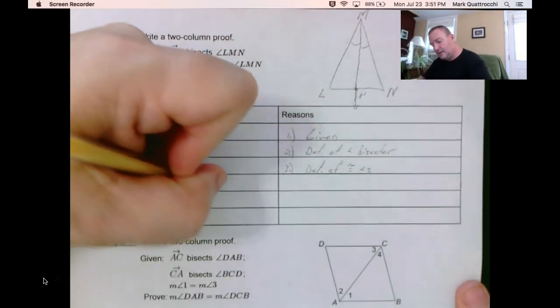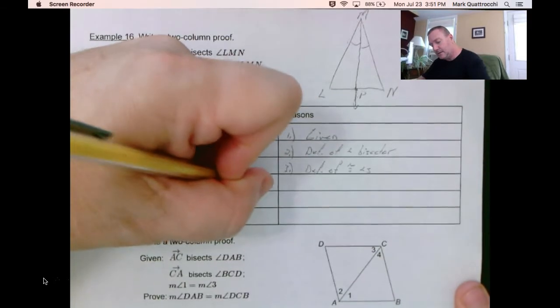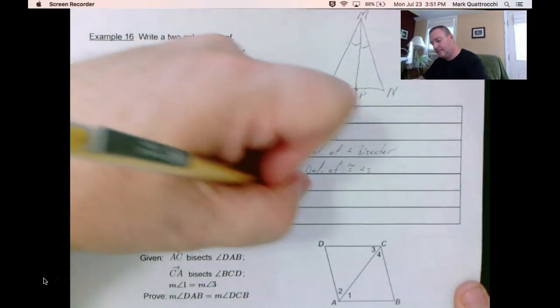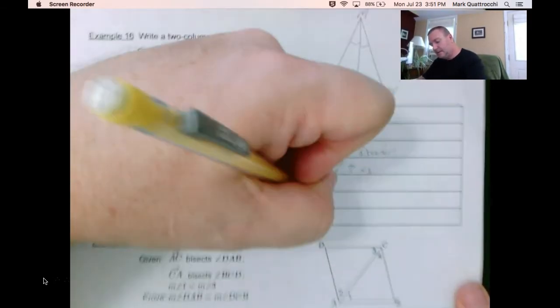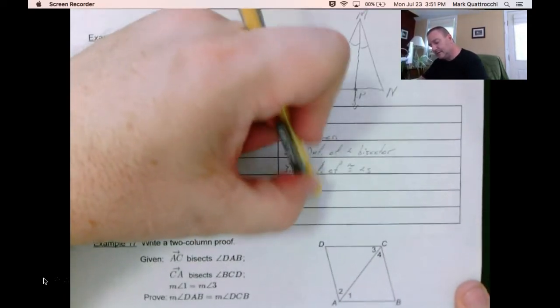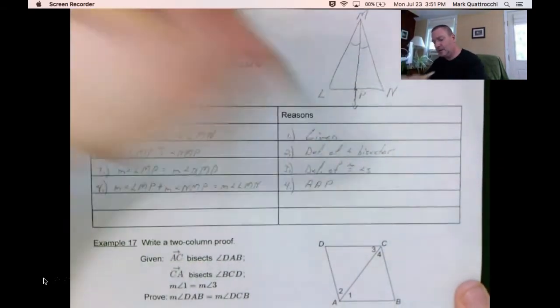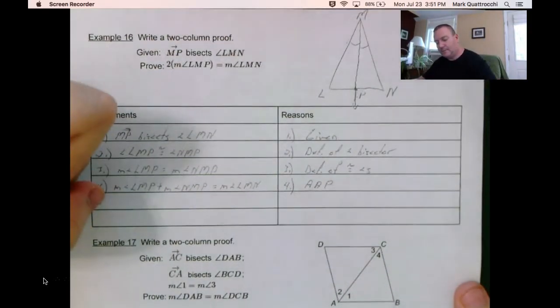Angle addition postulate. These are angles, not segments. AAP. Statement 5.